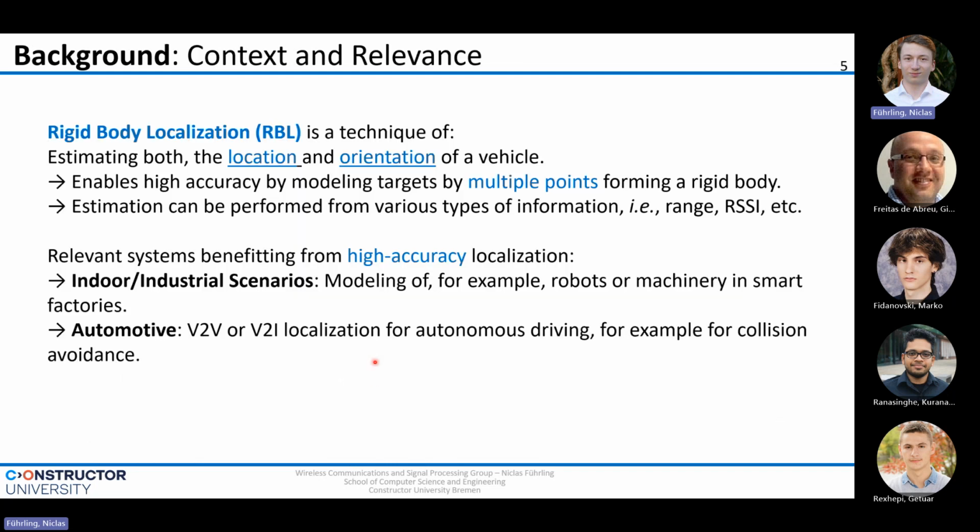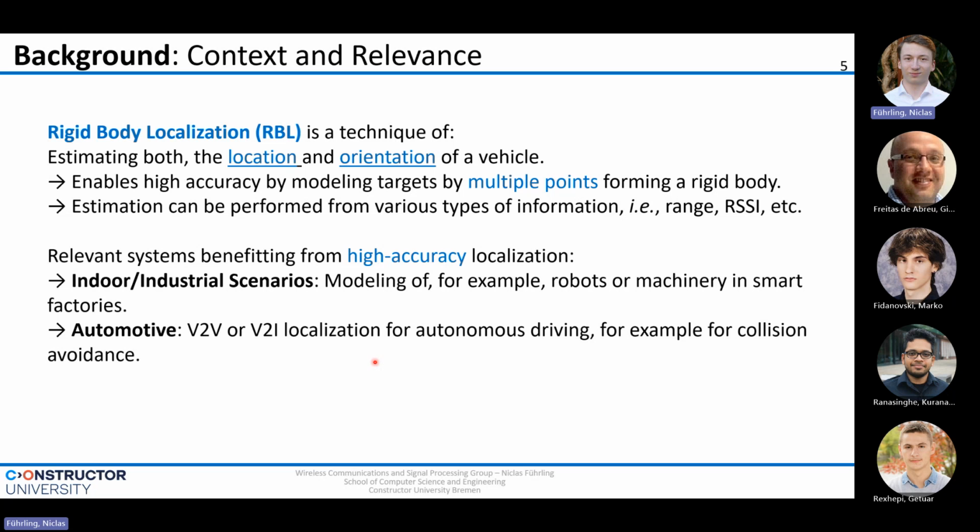Then some more background, context, and relevance. As I said before, rigid body localization is a technique of estimating both the location and the orientation of a vehicle, which enables high accuracy by modeling the target by multiple points, as you saw. The nice thing about it is also that the estimation can be performed with various types of information, for example range-based, angle of arrival, but also received signal strength.